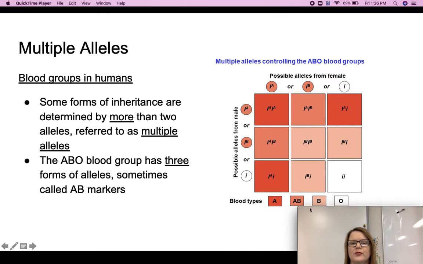These are superscripts. B blood would be represented by capital I, superscript capital B, and type O blood is recessive, and so it would be represented by little i, little i. And more of this will be on your Amoeba Sisters video.